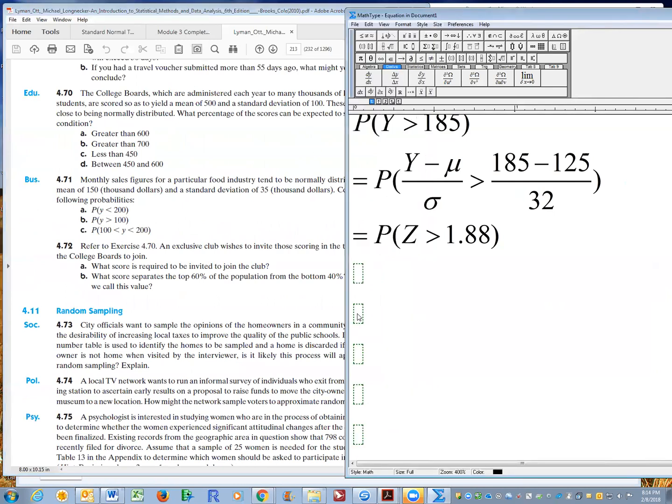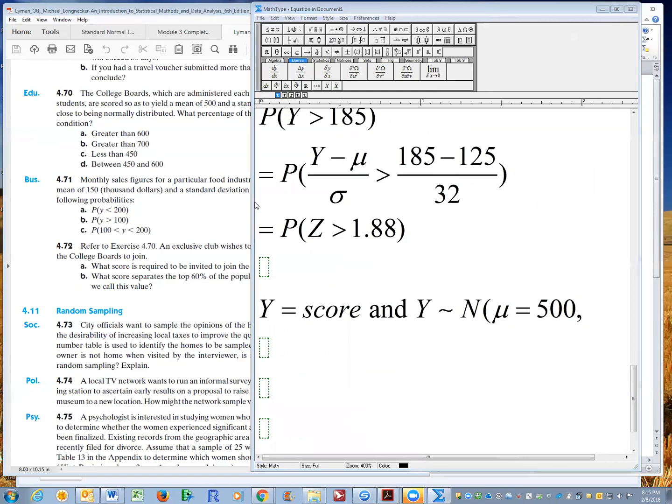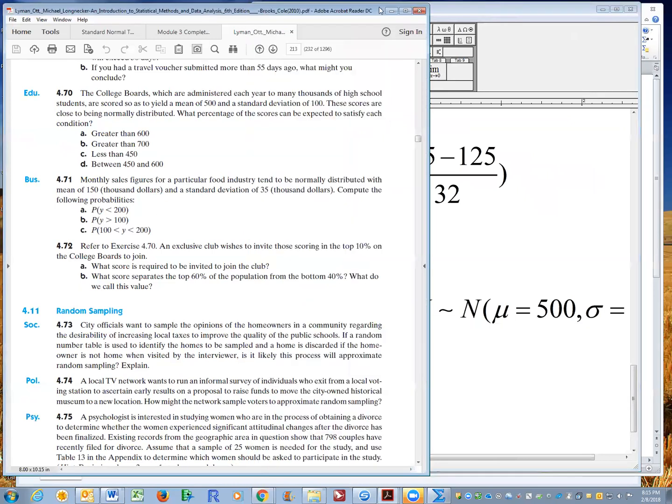So here, Y is the score, and Y is distributed normal with a mean of 500 and a standard deviation of 100.